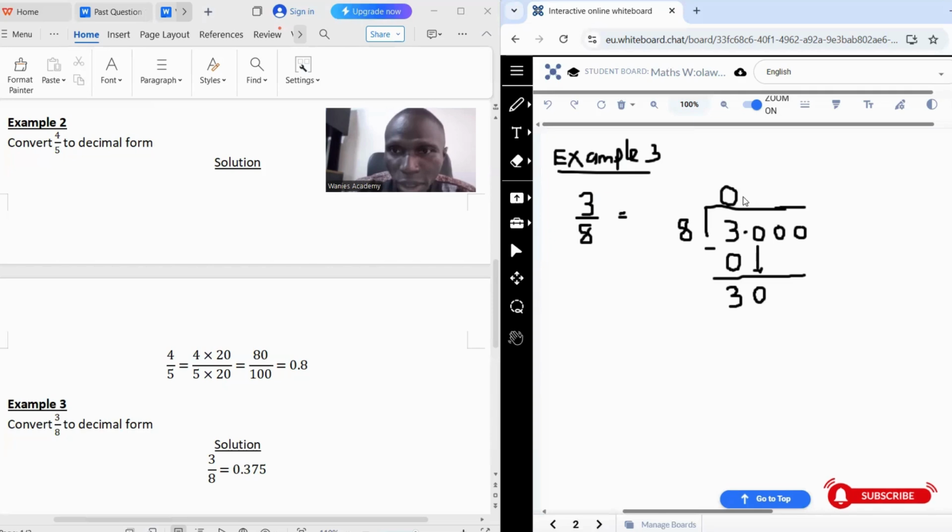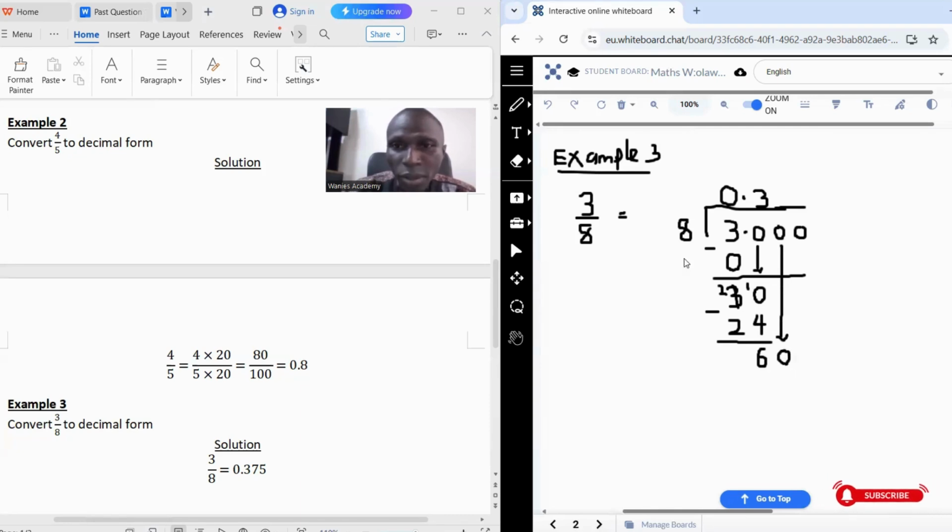We're going to have our point here as well, since we are now taking it from the decimal point. 30 divided by 8 gives us 3, and 3 times 8 gives us 24. We subtract this, 30 minus 24. Take one from here, we have 2, here we have 1. Then 10 minus 4 is 6. We drop the next 0 down, so we have 60.